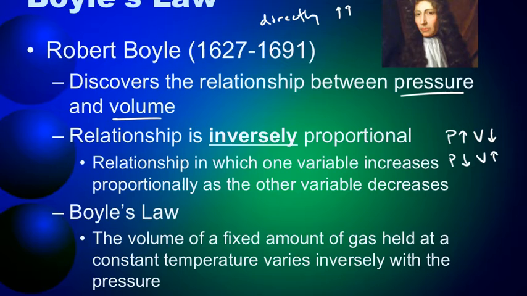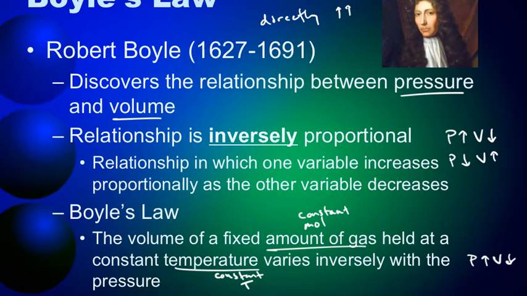Okay, so fixed amount of gas, that means constant moles. Means we can't change the amount of gas. We have constant moles held at a constant temperature, okay? So constant T. So we can't change the temperature. But pressure and volume vary inversely, meaning whatever one of them does, the other variable does the opposite thing, okay?